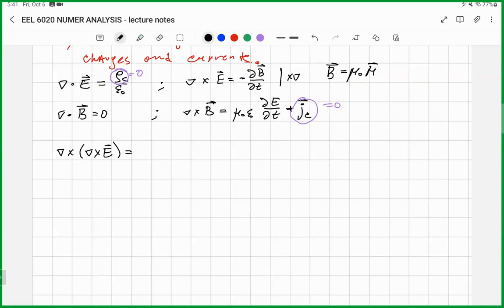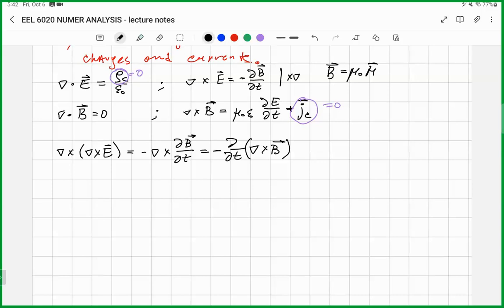It is equal to the curl of the right side, so it's minus curl of dB over dt. Again, the time derivative and spatial derivative can be exchanged. Change the order, so it's equal to minus d over dt, and then curl of B.